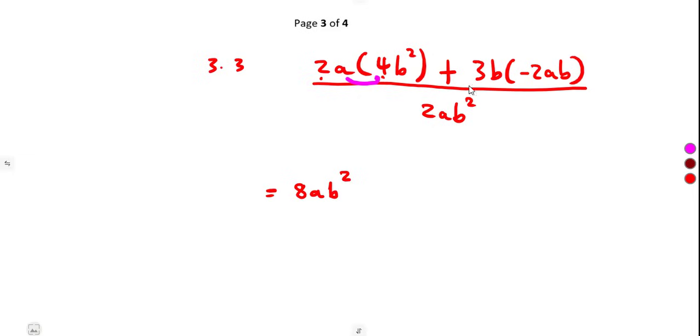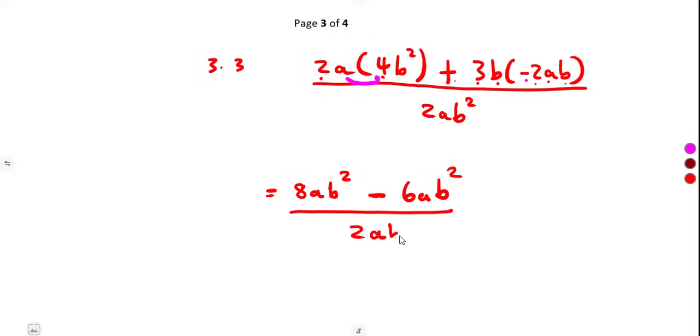Same thing here, but you must consider that there's a sign, a plus and a minus. So a plus and a minus was going to give us a minus. Then we multiply just like the previous case, 3 times 2, which is 6, a. But if you check, there is b and b. So b times b was going to give us what? B squared. All right. Everything over what?